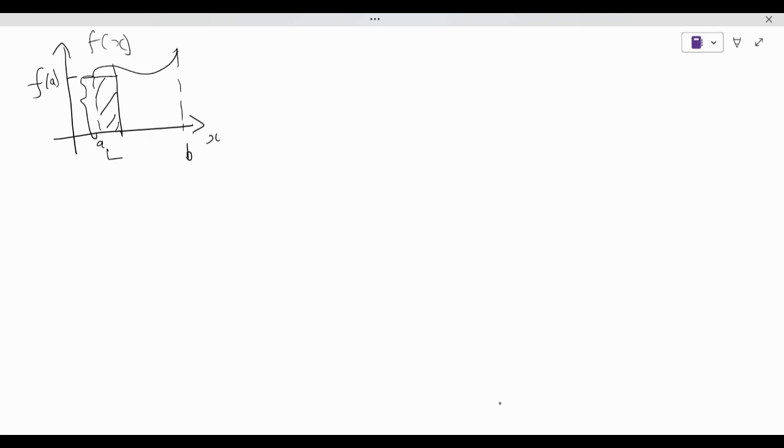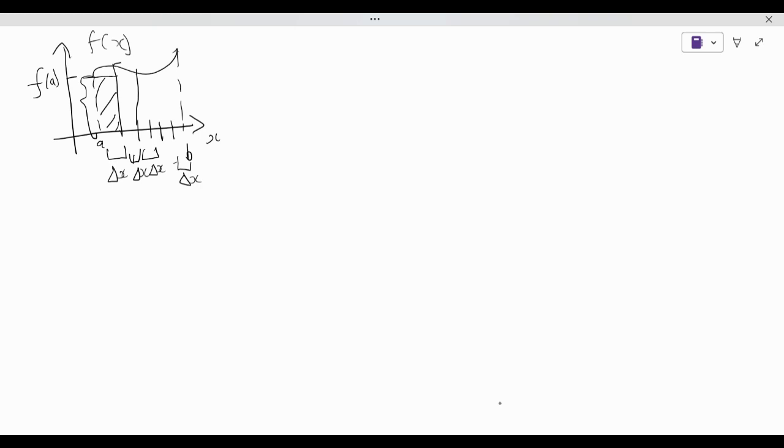I'm dividing this entire curve into strips of width delta x. I'm going to divide the x-axis into strips of equal length delta x, till here, where the last segment will be delta x. So I have divided it into 5 regions.